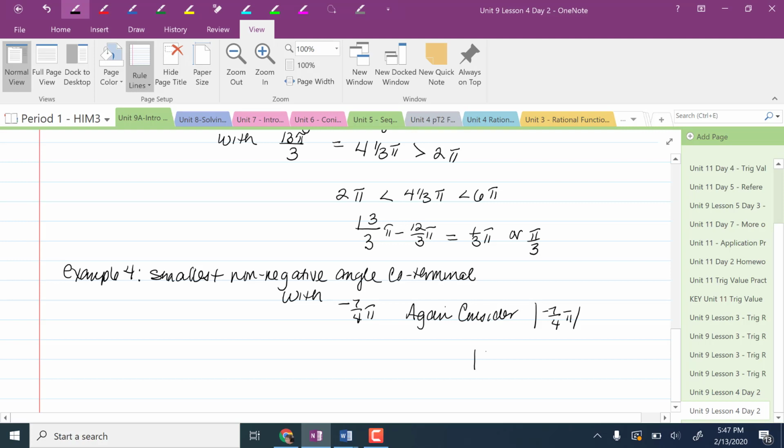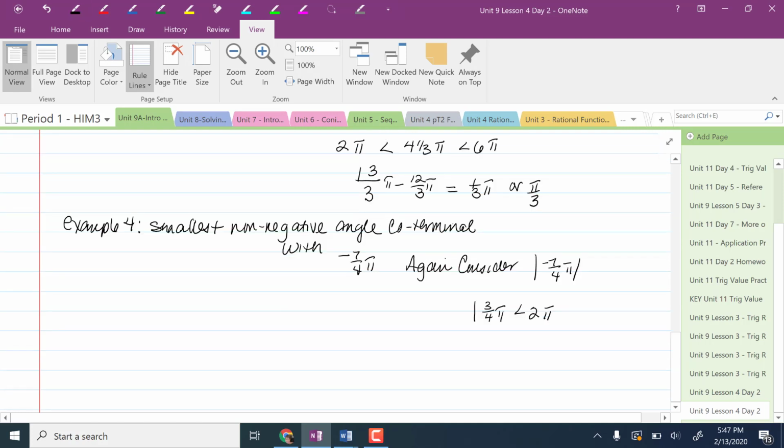And now we can clearly see, using our mixed number instead of our improper fraction, that this angle rotates less than once around the unit circle. So like we did with the negative degrees, we're going to take our negative 7/4 of a pi and add it to 8/4 of a pi, or 2 pi's, ending up with a pi over 4.